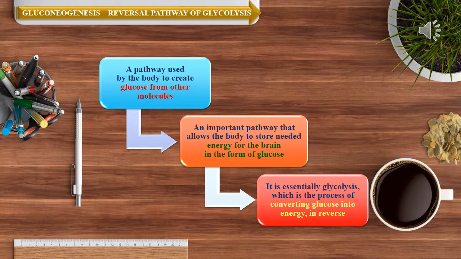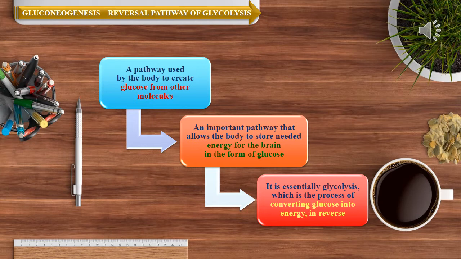Here other molecules represent non-carbohydrate sources. From non-carbohydrate sources, glucose is synthesized through gluconeogenesis. It is an important pathway that allows the body to store needed energy for the brain, in the form of glucose.